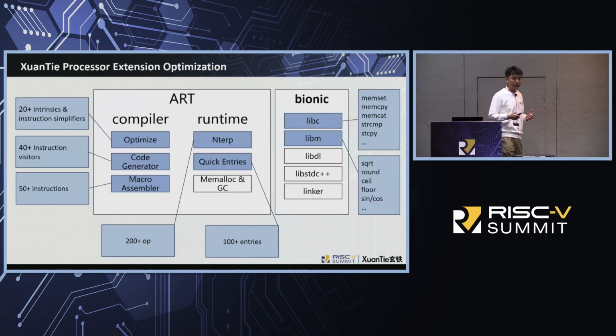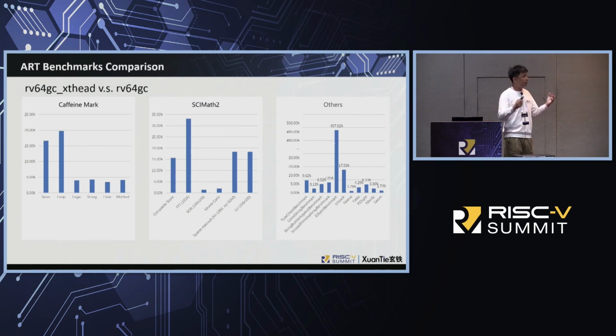The reason is that it could improve performance, and we use about 50 instructions to improve ART. Here we summarize our optimization method. After this optimization, compared to the standard basic RISC-V ISA, we got a significant improvement in the benchmarks.